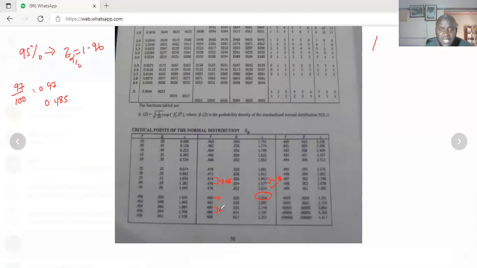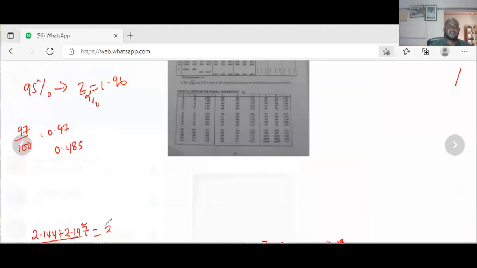So it lies between them. Go and get the average of these two: 2.144 plus 2.197, then divide by 2. What answer do you get? 2.1705, which is the same answer you got, right?